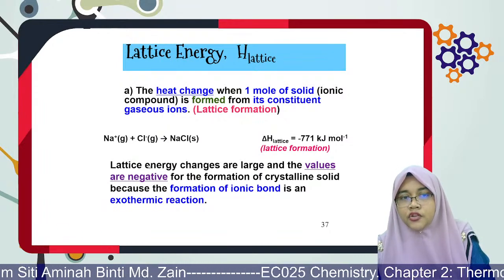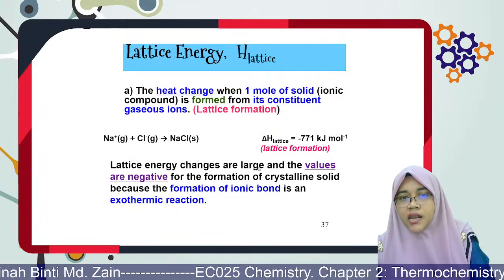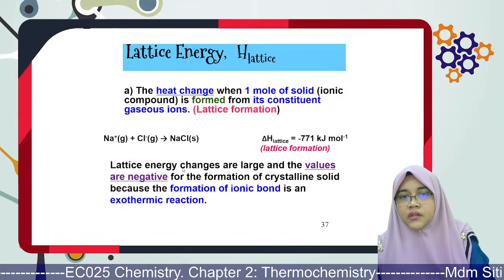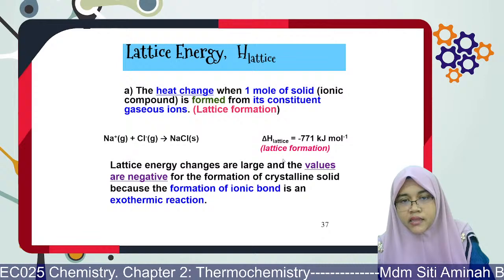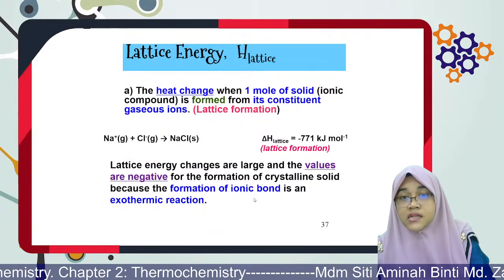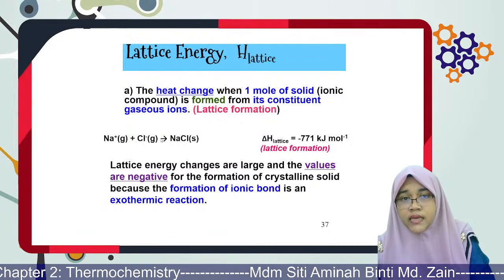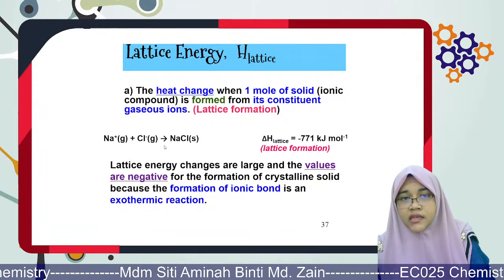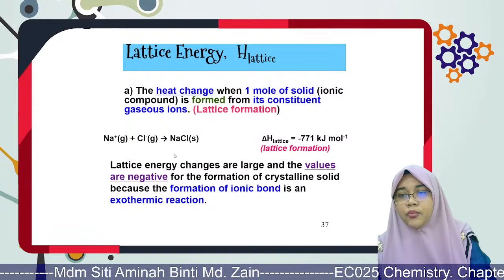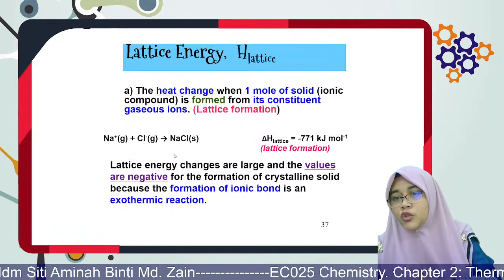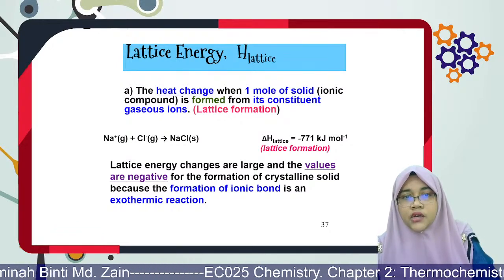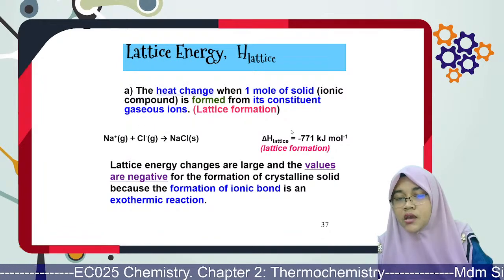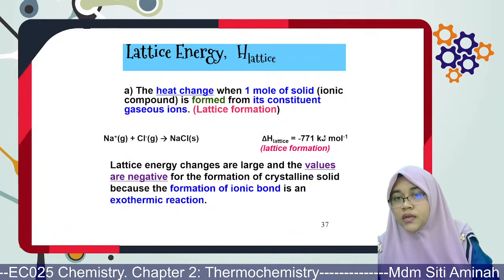Okay. So the lattice energy changes are large and the value is negative for the formation, meaning that lattice formation is always negative. But for lattice dissociation, we change the sign here, meaning that sodium chloride breaks, dissociates to be ions. When the sodium chloride dissociates to be ions, the sign of delta H is also changed to be positive 771 kilojoule.